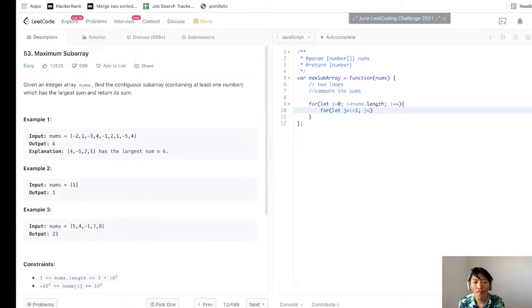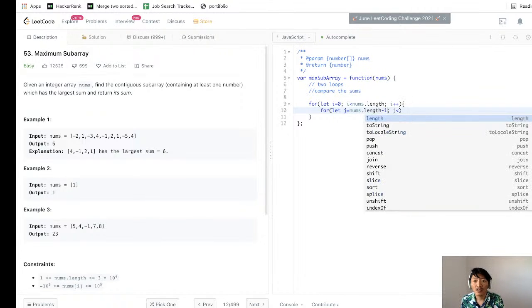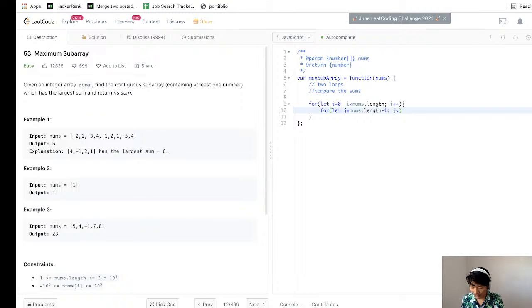What I really want to do is start with the farthest, nums.length minus 1, and while j is greater than or equal to 0.